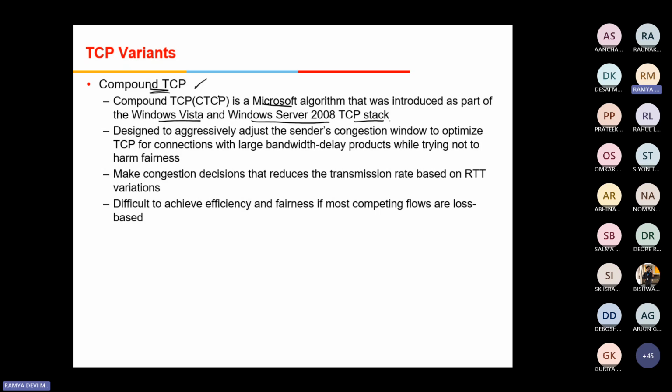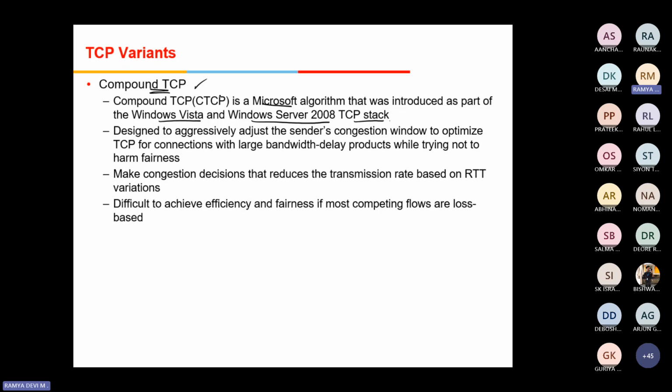So in networks with competing flows that are loss-based, such as Reno, CTCP will try to keep the bandwidth sharing fair. So it attempts to optimize the high speed performance. Depending upon how other flows behave and how TCP handles underutilization, CTCP overcomes this.